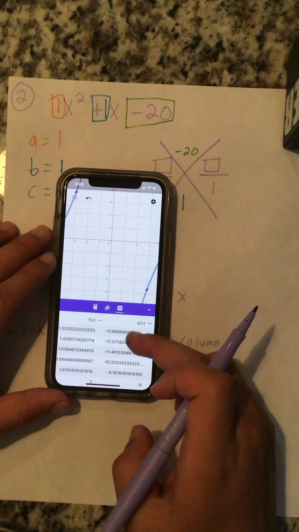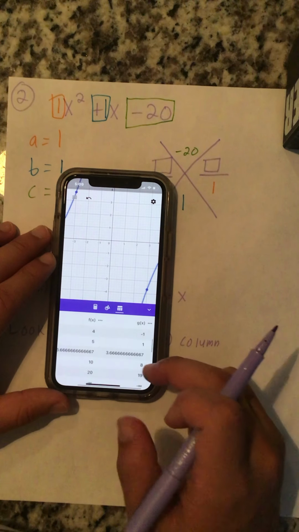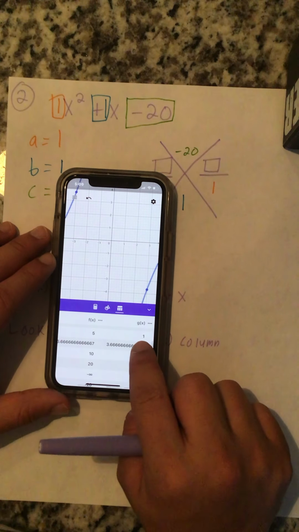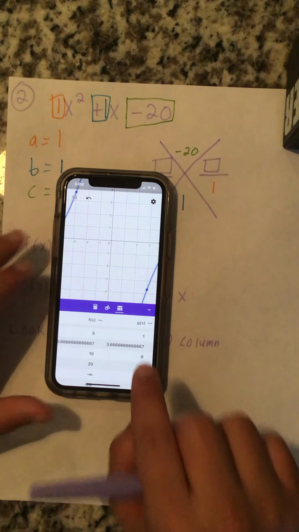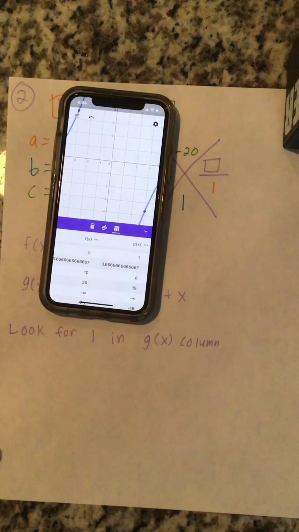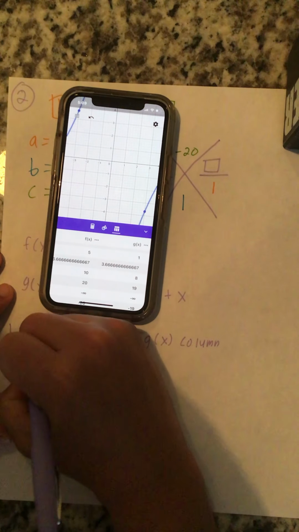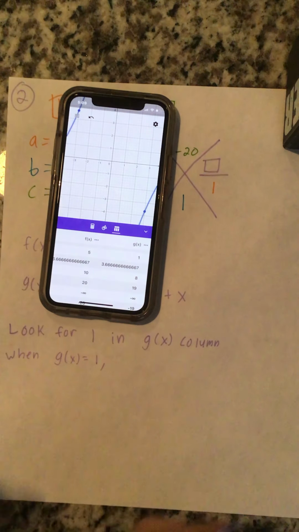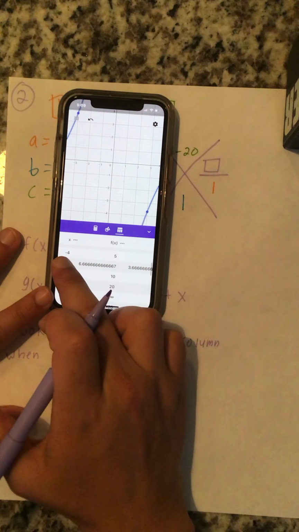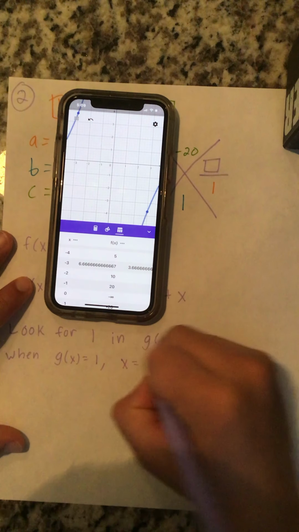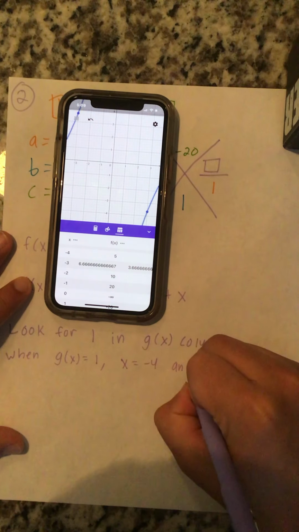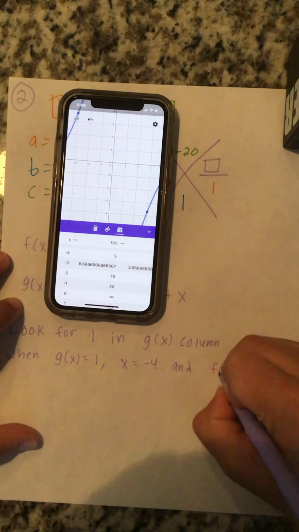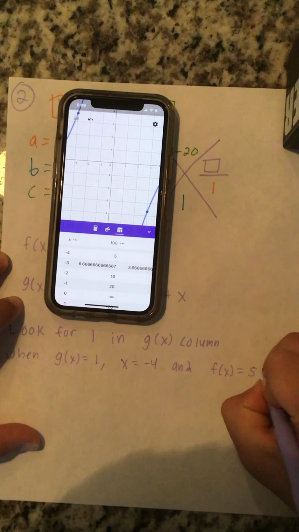I'm looking for 1 in this third column. And there we go. I have a 1 in the g of x column. So I'm going to write down when g of x equals 1, x equals -4, and f of x equals 5.